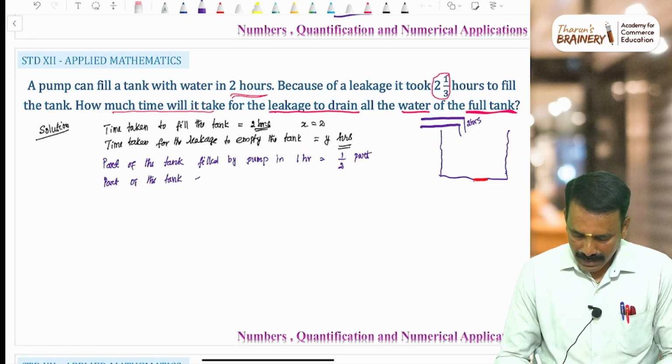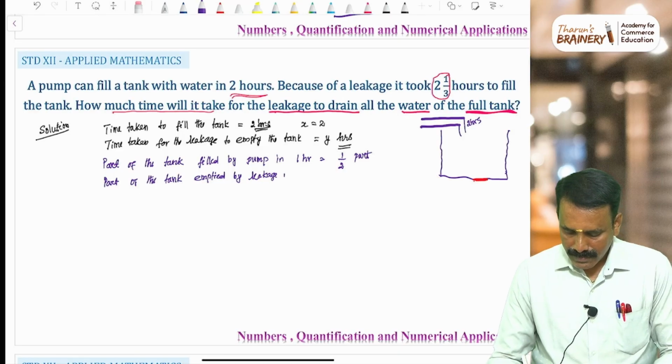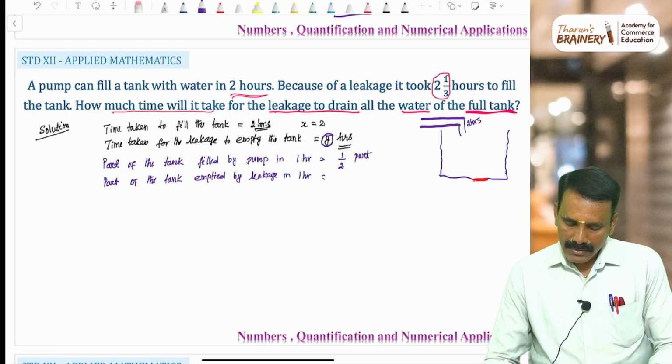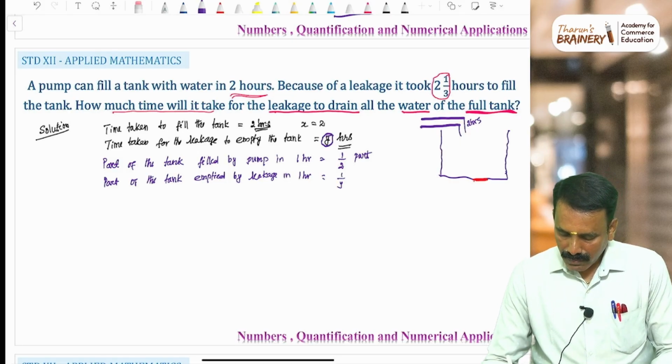Part of the tank emptied by leakage in 1 hour. We assumed it takes y hours to empty. So in 1 hour it will empty 1 by y part of the tank.